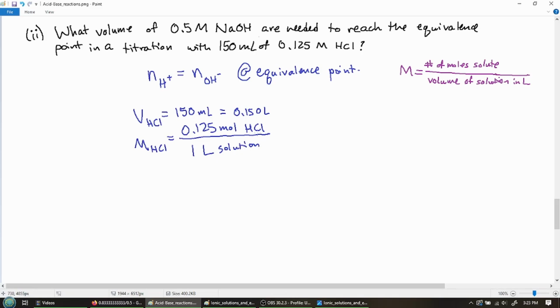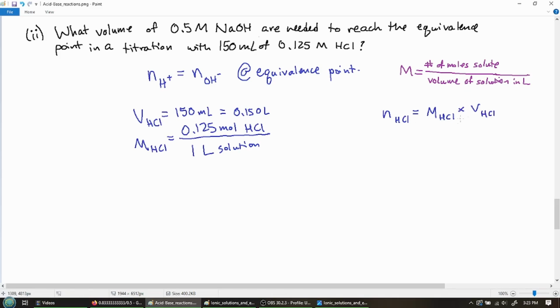Whether by looking at the units here, or by looking at this equation over here and rearranging it, let's actually do that real quick. We could rearrange this to say that the number of moles of hydrochloric acid is going to be equal to the concentration of that hydrochloric acid solution times the volume of the solution.